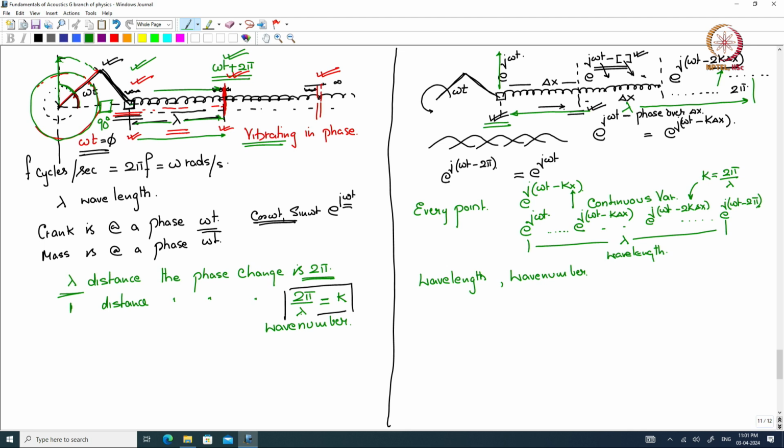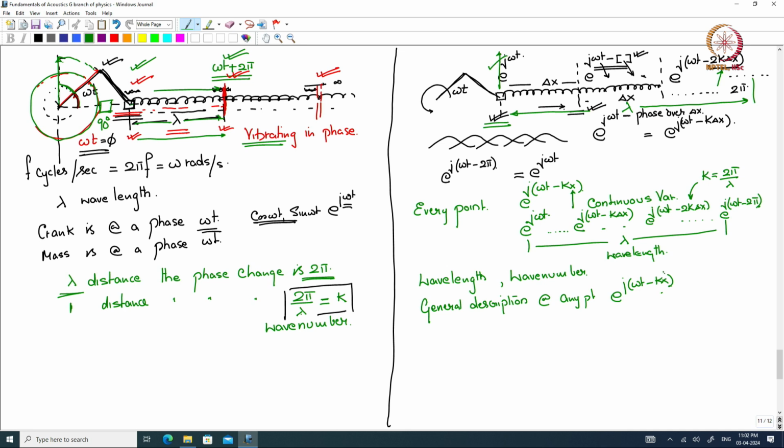So, you can see that the general description of the vibration of any point is e to the power of j omega t minus kx. Okay. If x is 0, you get the starting point.